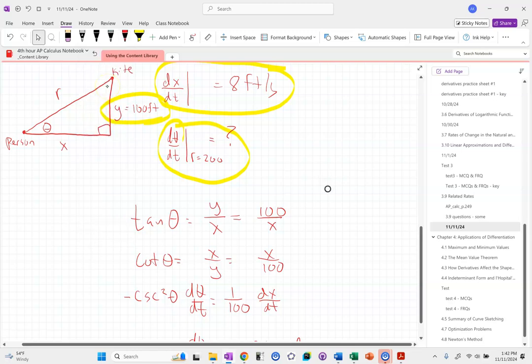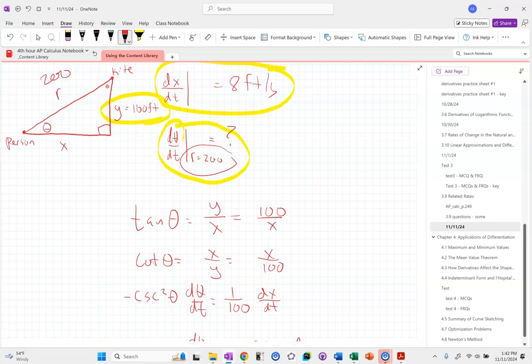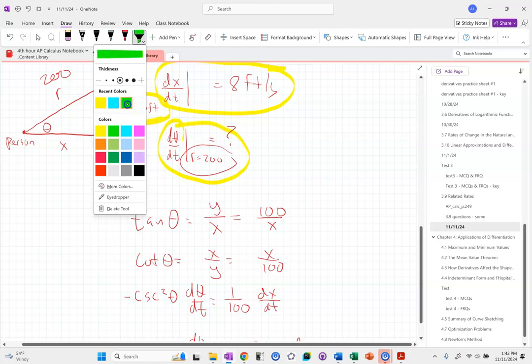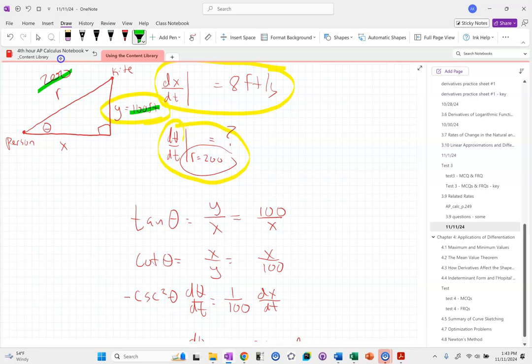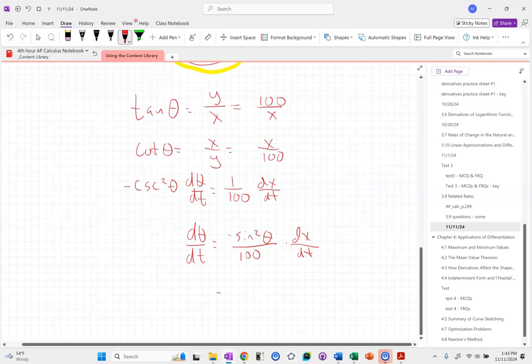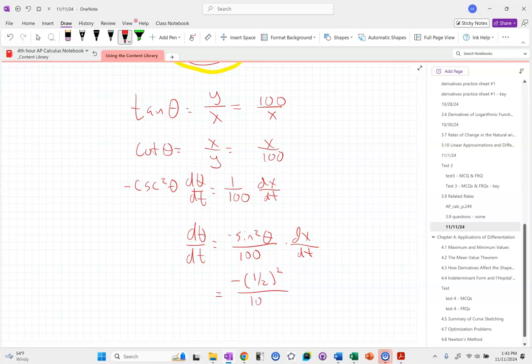At the instant we're concerned about, r is 200. So what is sine of theta going to be in this triangle? Opposite over hypotenuse. So it'll be 1/2. And our dx/dt was, what was it?